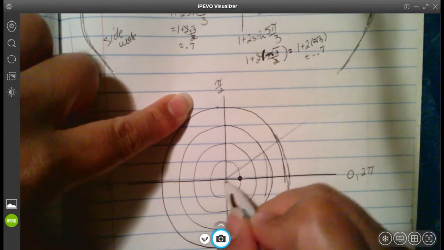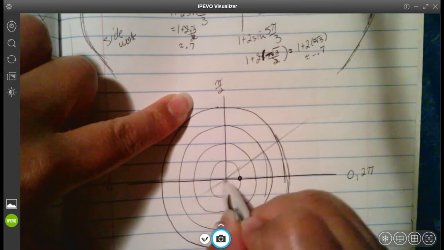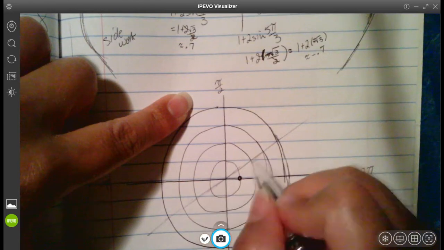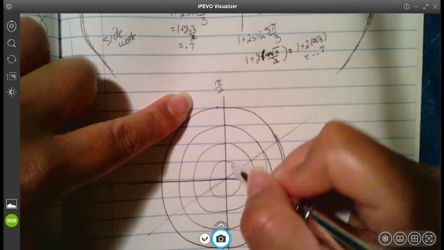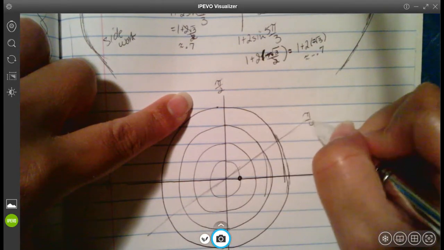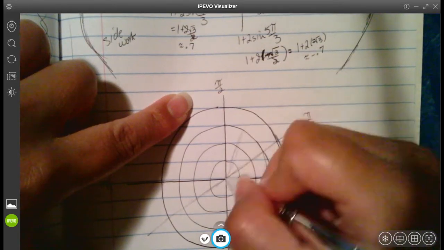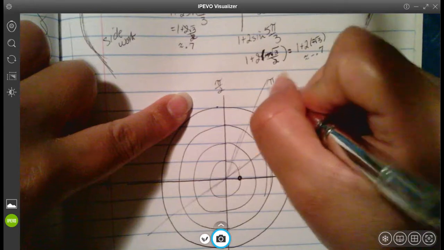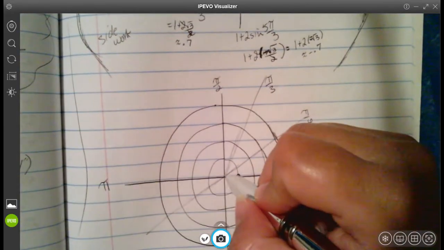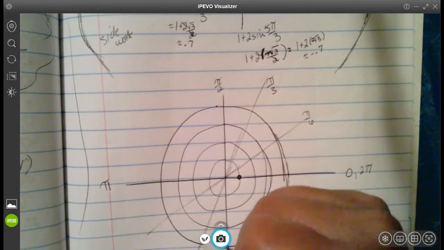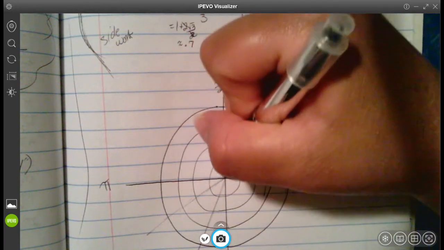Let's say this is pi over 6, and what I'm going to do is I'm just going to extend it. Hopefully it's not too unstraight. And we'll say this is pi over 6. We'll say that this one is, oh my gosh, it's a little crooked, pi over 3, and I'm just going to extend it down this way also. And same thing on this side.